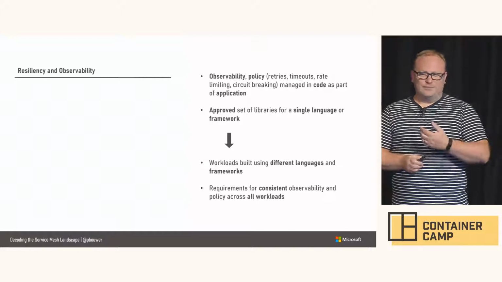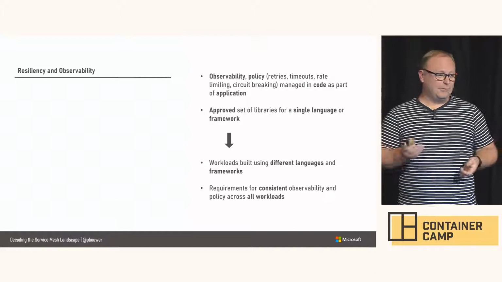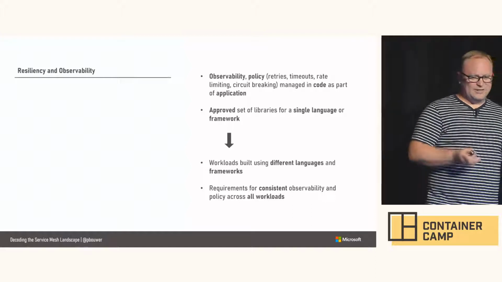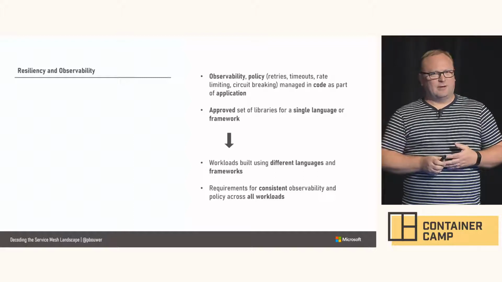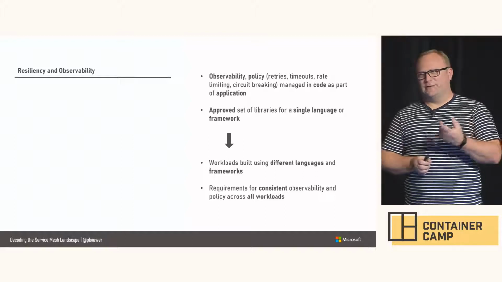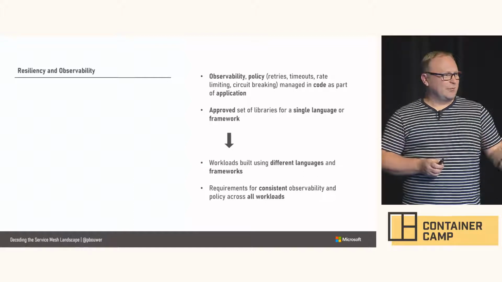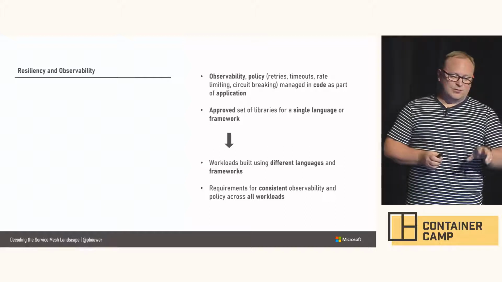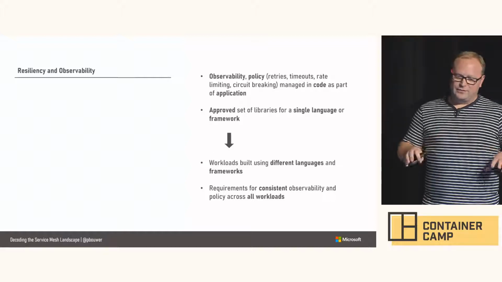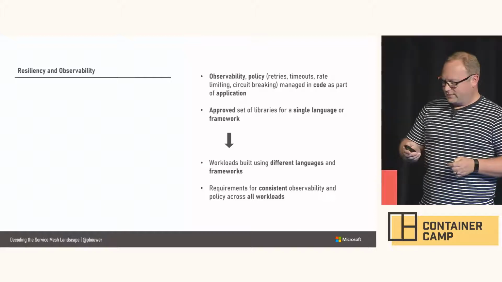Then we moved to the new world where you could have workloads running in Go, in Python, in Java, in C#, a host of languages. Vetting each of the libraries for each of those workloads and making sure that each of them behave the same starts becoming a little bit more complicated. So there's a requirement for consistent observability and this resiliency and policy across all of our workloads.